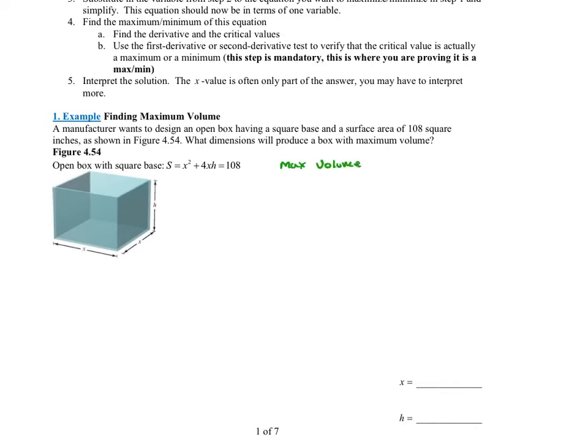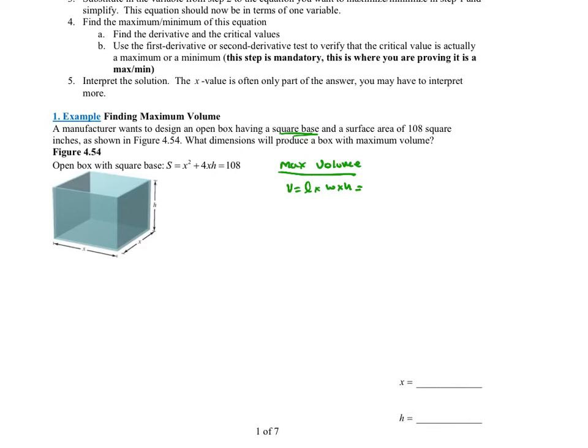And for volume in a box, it's always length times width times height. But in this case, it's real specific. It says it is a box with a square base, right? And a square base means that your length and your width are the same.